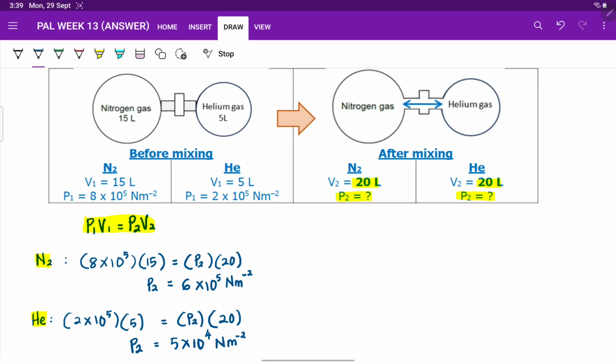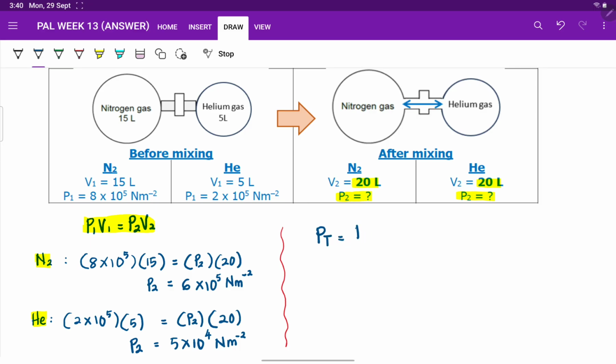Okay, so once we have the new pressure, the partial pressure of each gas, we can apply Dalton's law of partial pressure to get the total final pressure of the gas mixture. Because the question asks for the pressure of the gas mixture, not the individual gas. If it asked for the individual gas, this would be our answer. But since it is asking for the final pressure of the gas mixture, we use Dalton's law of partial pressure. So we write down the equation first.